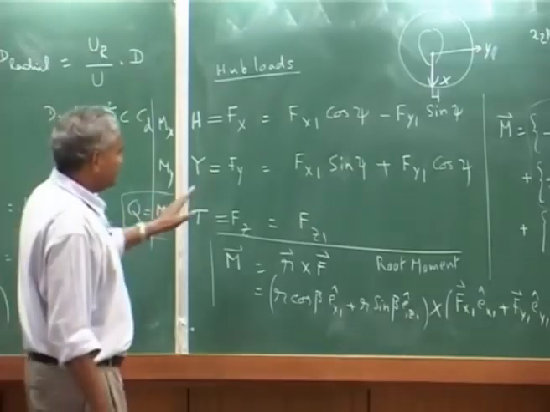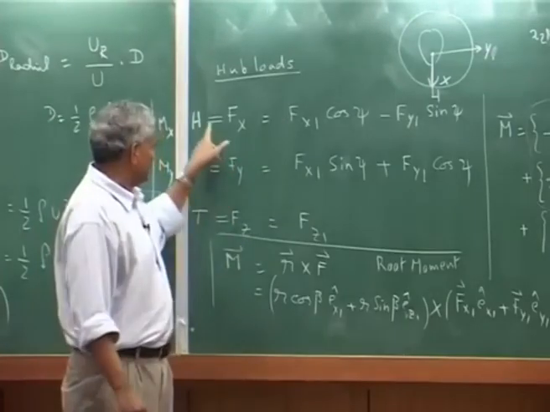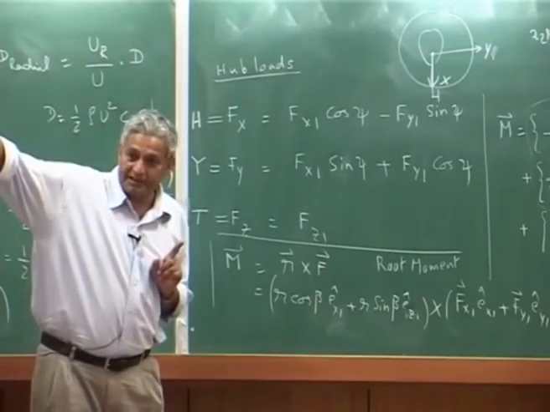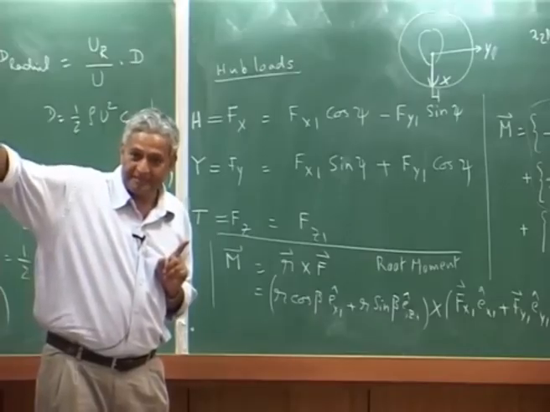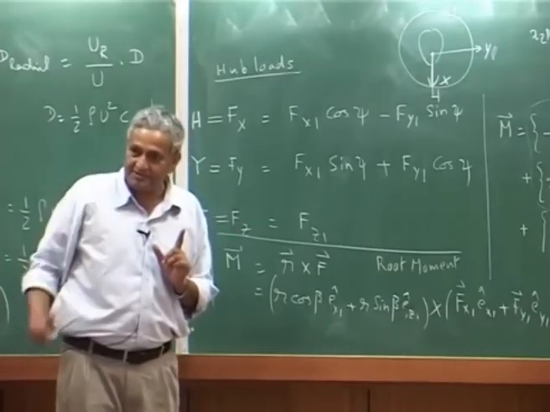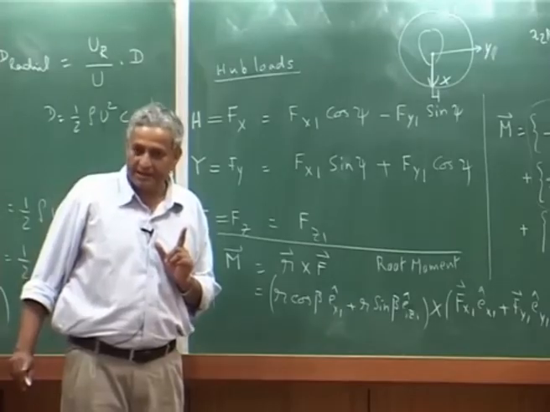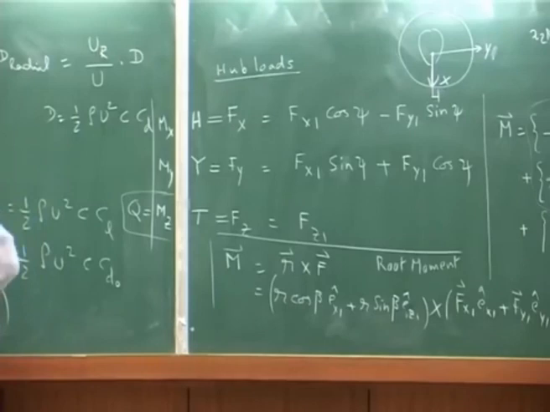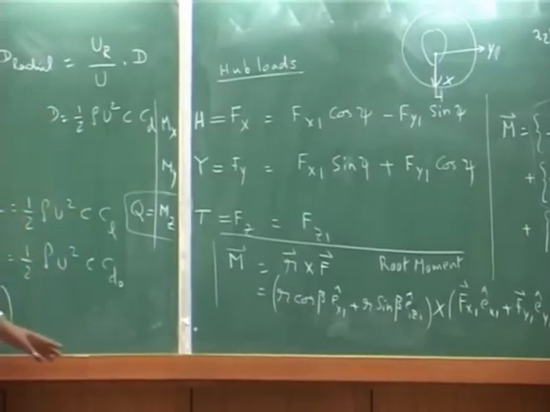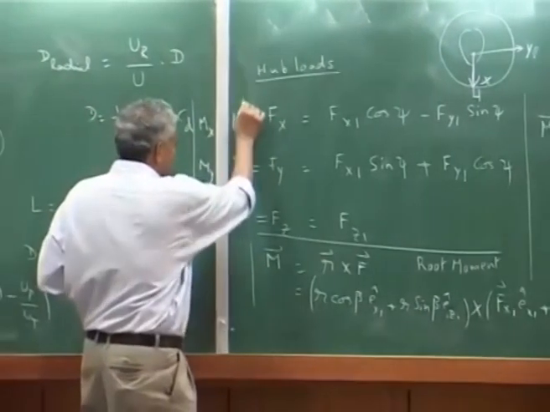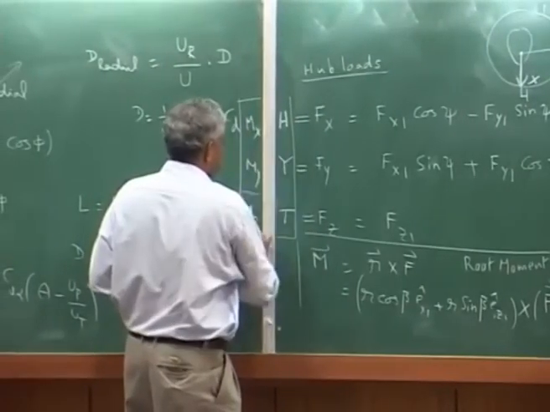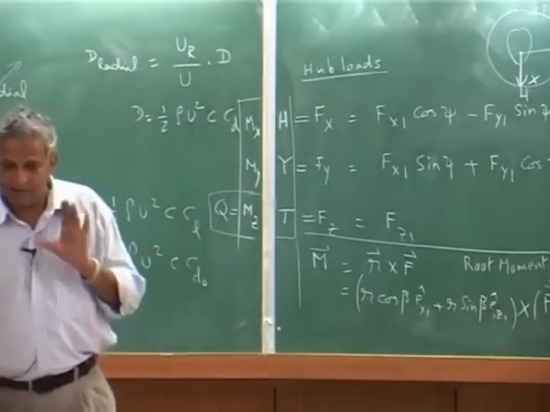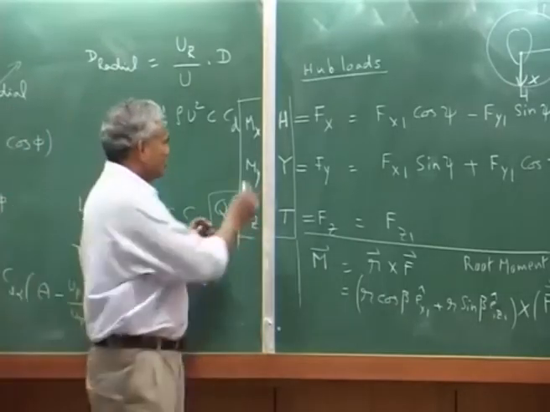But please remember this is one section. When I want to get these loads, you have to integrate along the blade, you have to add all the blades, and then take the mean value. So, the entire thing is done before you write these 6 expressions. Of the 6, right now I will show only 4.